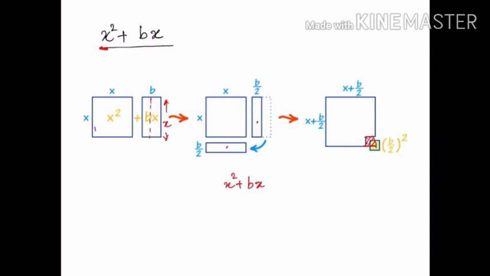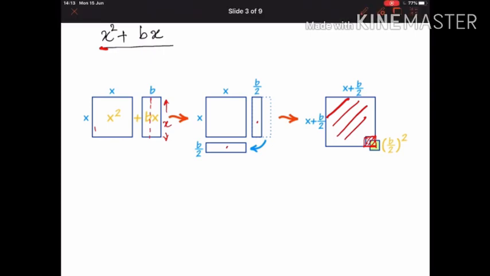So if to this figure we add a small square of side b by 2, then x square plus bx is a perfect square. So what did we do?